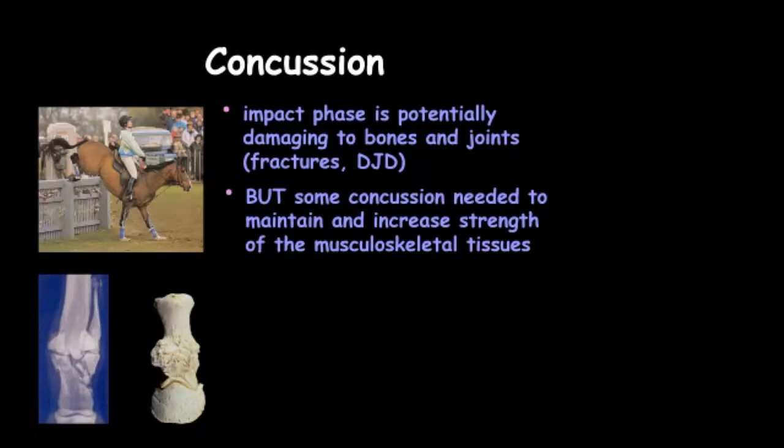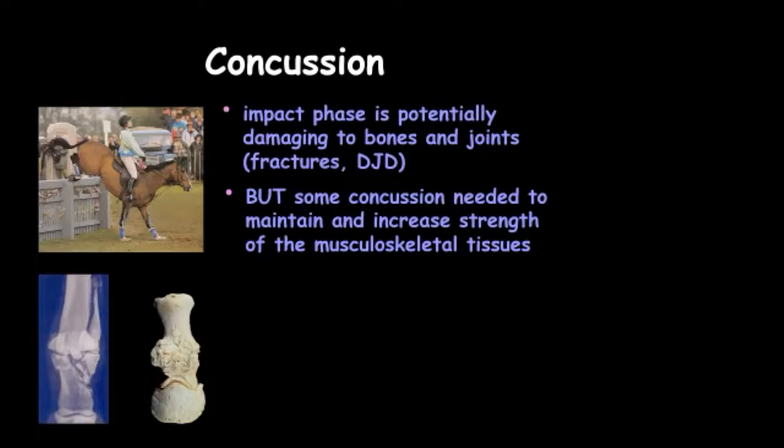But then on the other hand, the horse needs some concussion in order to maintain the musculoskeletal system and to increase the strength of its tissues during the conditioning process. So it's a very delicate balance between providing enough of a stimulus to get the horse really fit, well conditioned and strong, versus providing too much of a stimulus and ending up with damage to the tissues, micro damage that can then progress to major damage.